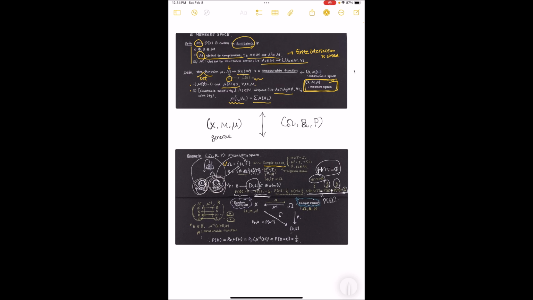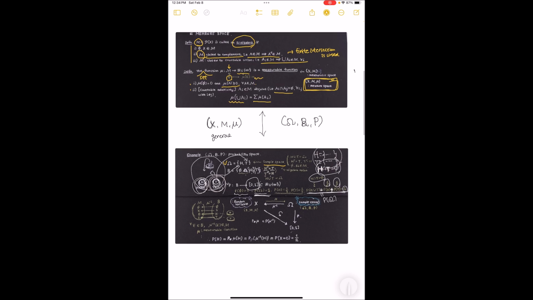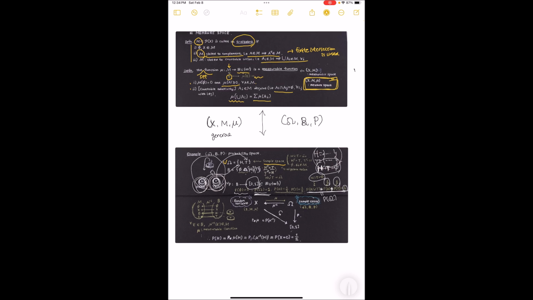We can define the set. Set is a collection. What is H or what is T? It does not make sense. What is a collection of a head, a collection of a tail? It does not make sense.